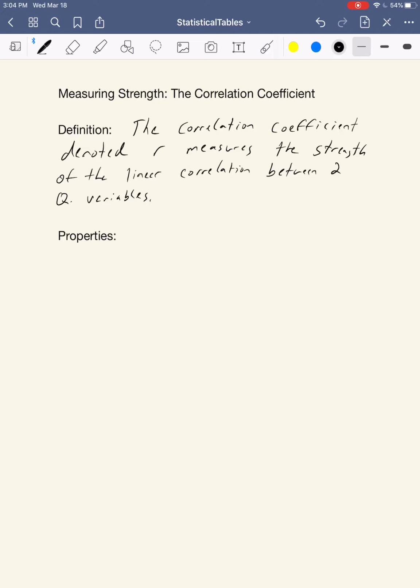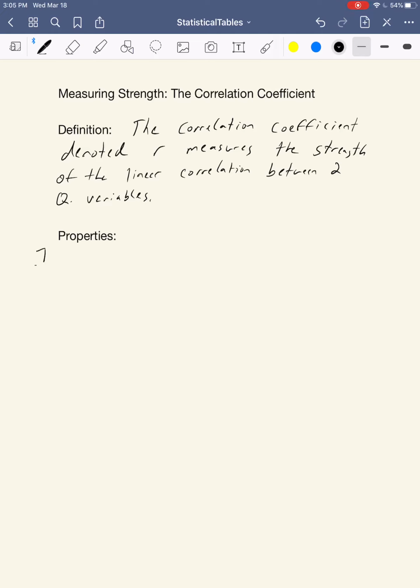At the end of this lecture, there will be an example where we will run through using the correlation coefficient, and it probably would be useful to be able to follow along with that example and know how to use your calculator to calculate that correlation coefficient. So if you haven't watched that calculator video, I would recommend going ahead and doing that and then continuing on with this one. For now, in this video, though, we're going to talk about some properties of the correlation coefficient.